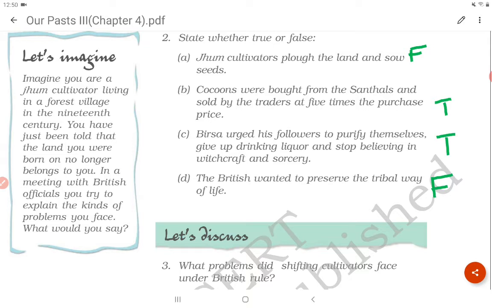Number C. Birsa urged his followers to purify themselves, give up drinking liquor, and stop believing in witchcraft and sorcery. It's true. Then for number D. The British wanted to preserve the tribal way of life. It's false. They don't want to preserve.